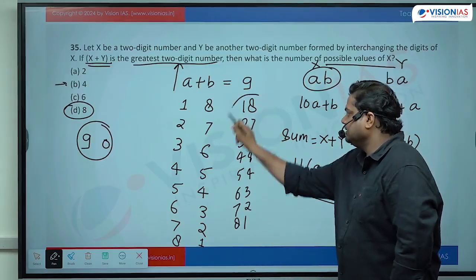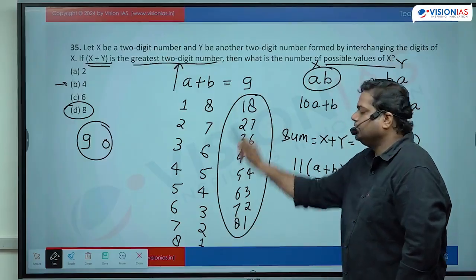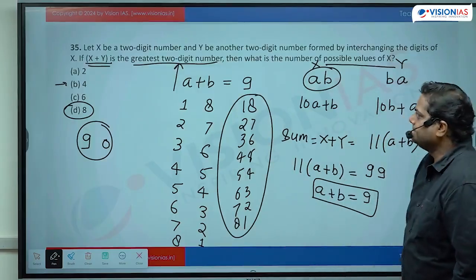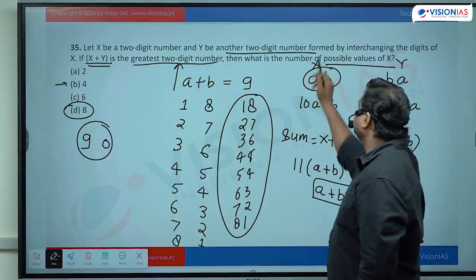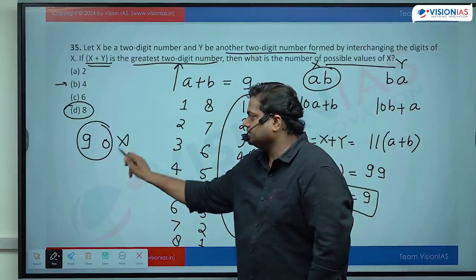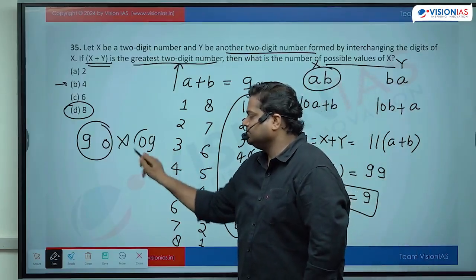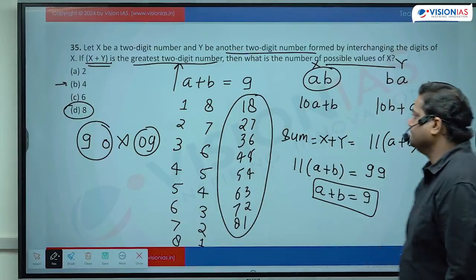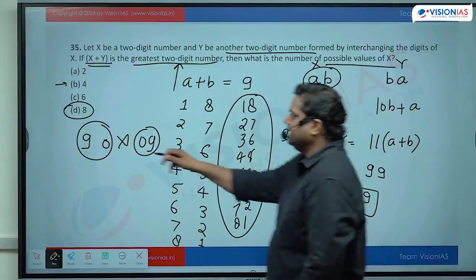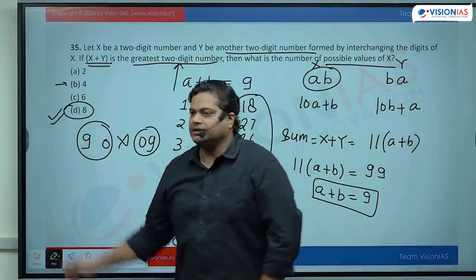So these are the 2-digit numbers. Here it is asked that y is another 2-digit number. 09 is not a 2-digit number. So total 8.